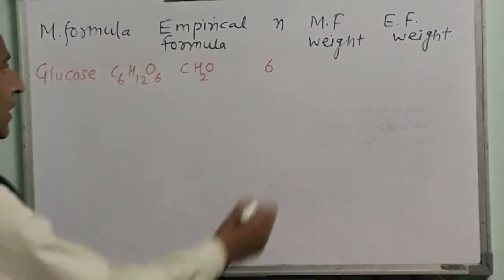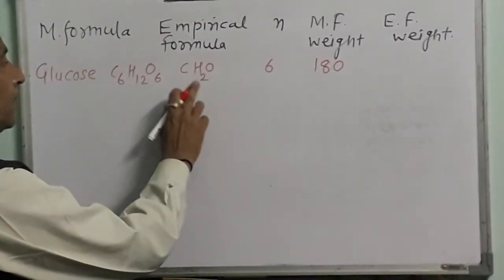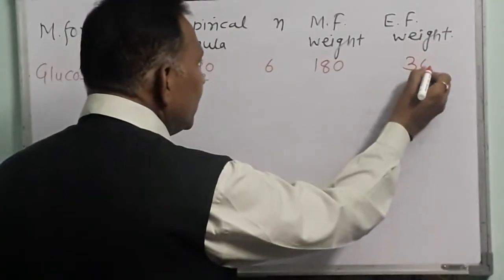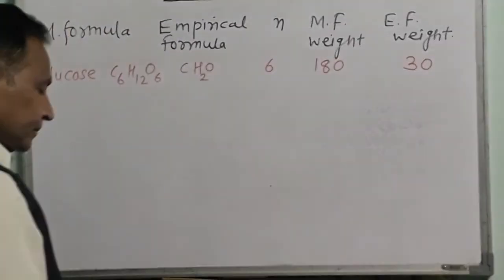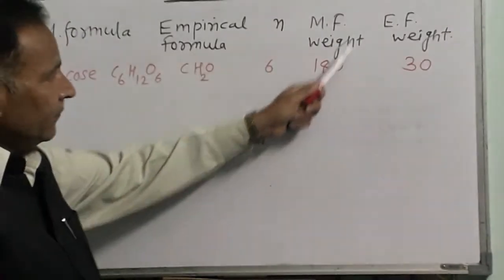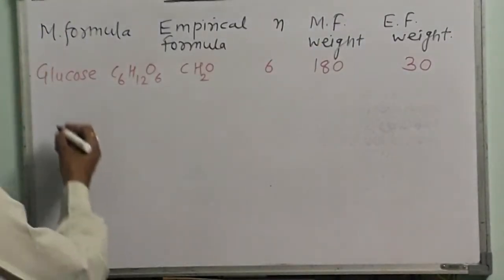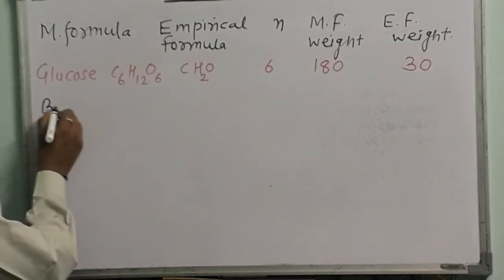So it is 180, and if you try to calculate the empirical formula weight, 12 plus 2 plus 16, that comes to be equal to 30. So here we are going to deduce one relation between the empirical formula, molecular formula, as well as between molecular formula weight and empirical formula weight.